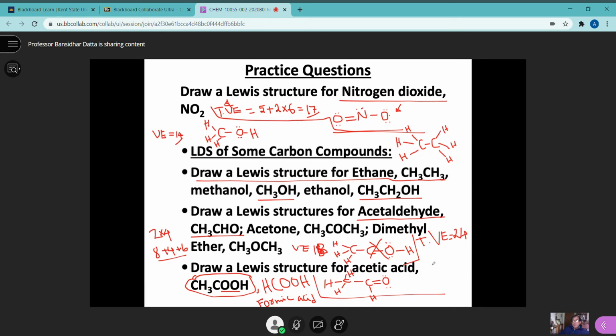Now, give me the arrangement. What shall I do? Carbon, carbon, oxygen, and H. And this carbon is already occupied with 3 hydrogens. So you have one H, another H, right?